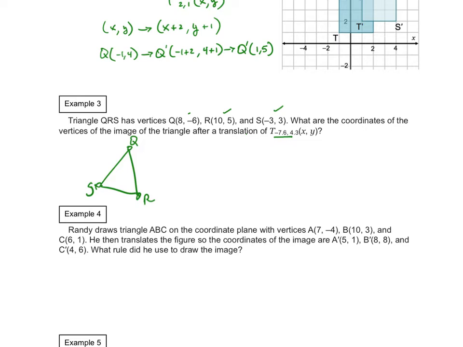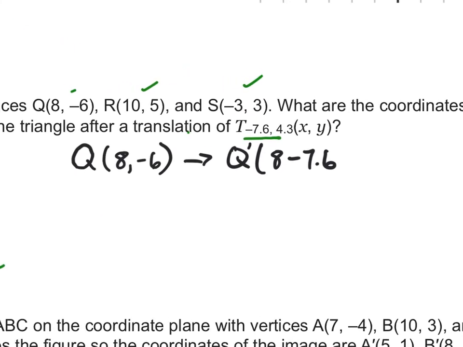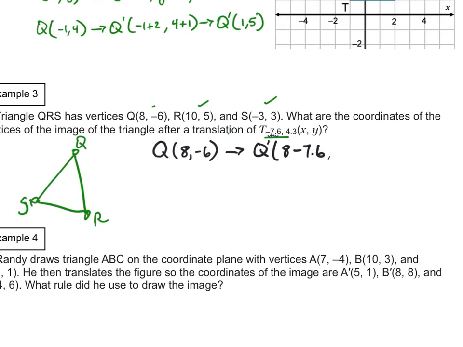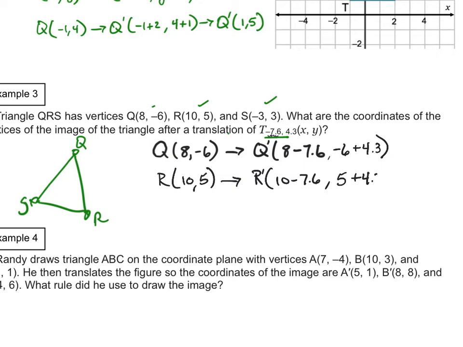So I take Q, and that is 8, negative 6. And I am going to map it to Q prime, which is going to be 8 minus 7.6, because that is my mapping for X. And then my Y value is going to be negative 6 plus 4.3. Let's see here, then R, 10.5, and we're going to map that to R prime, which is going to be 10 minus 7.6 and 5 plus 4.3.